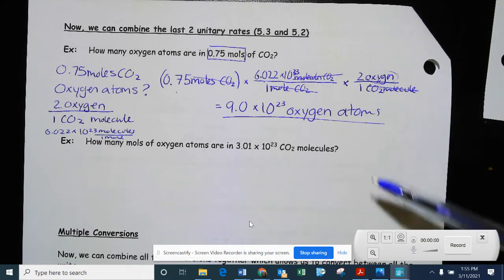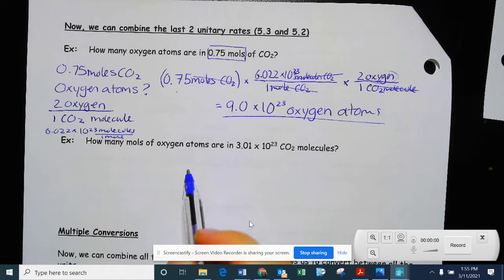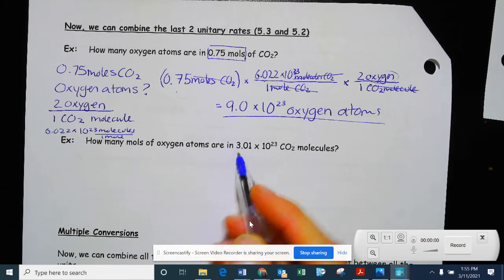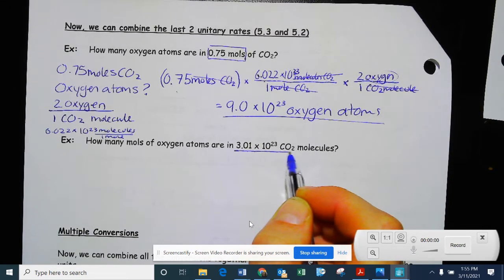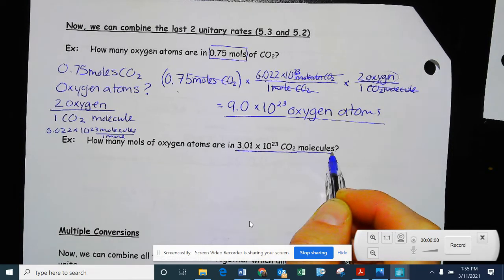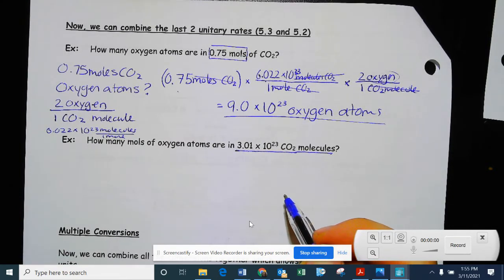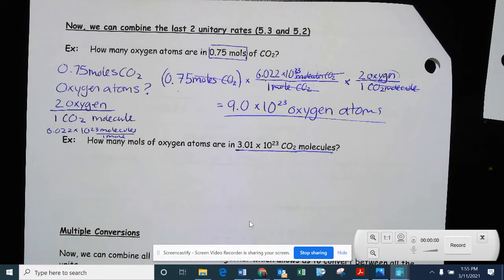Okay, awesome. All right, so next one: how many oxygen atoms are in 3.01 times 10 to the 23 CO2 molecules? I want you all to try to set that up and do it. I'll give you a couple minutes here. Try to set that up.